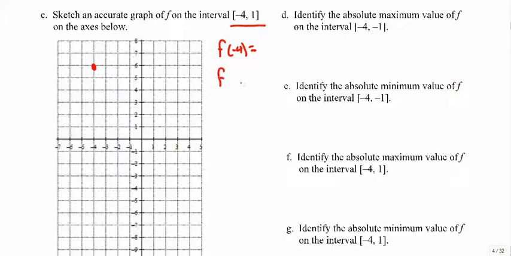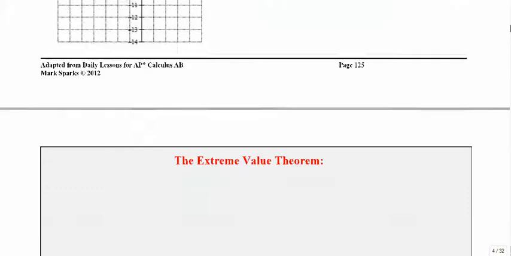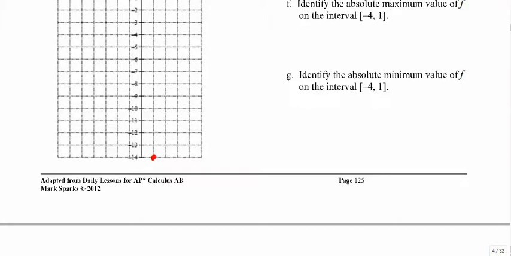And then I need to figure out, all right, where is it at 1? Now when this is an open interval, we don't care about those, but because it's closed, those points actually matter. And this goes down to -14. This is 6, that's -14.